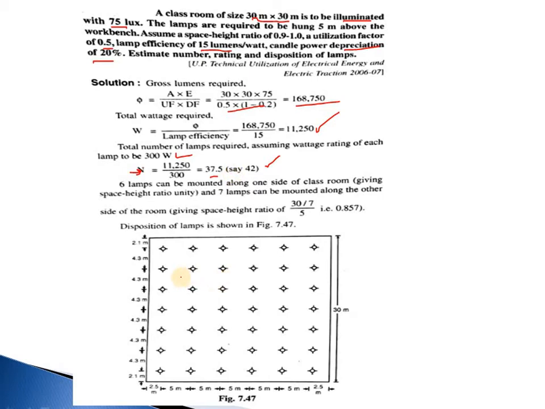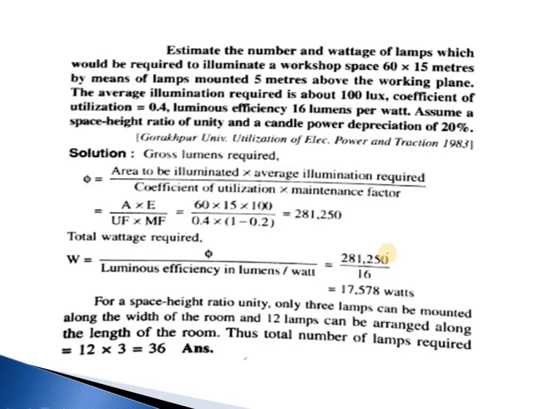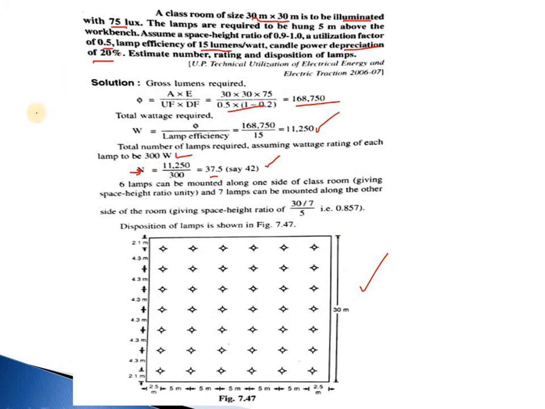If we consider 6 lamps this way and 6 that way, then we get 36, and 36 will not be possible because the minimum requirement is 37.5. So definitely the next approach is 6 into 7, that is 42. So our lamp disposition will be just like that, and it is shown in this figure. Okay, that was our problem number 3.